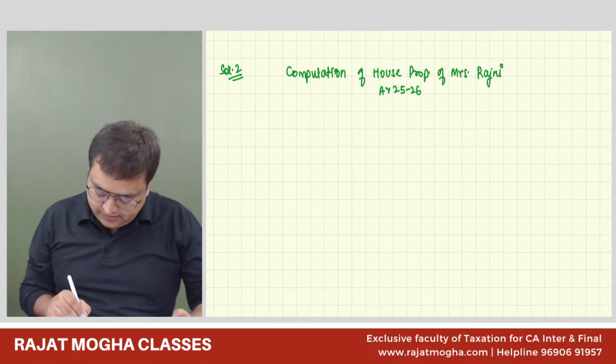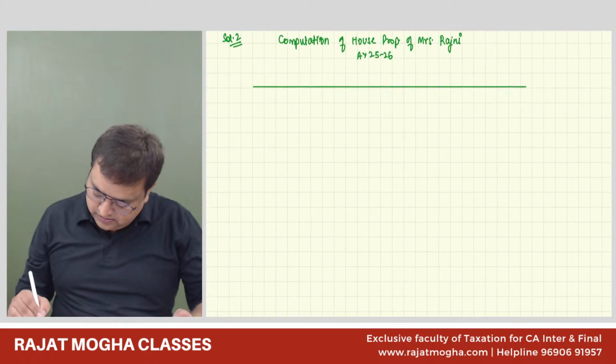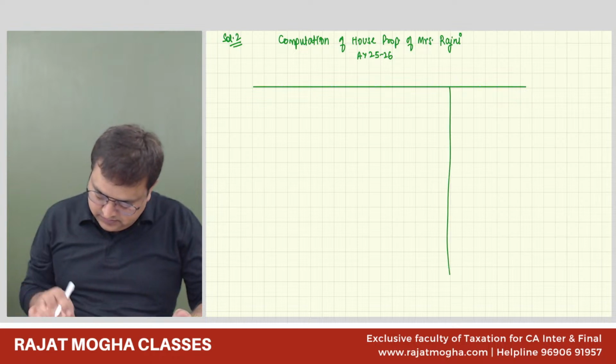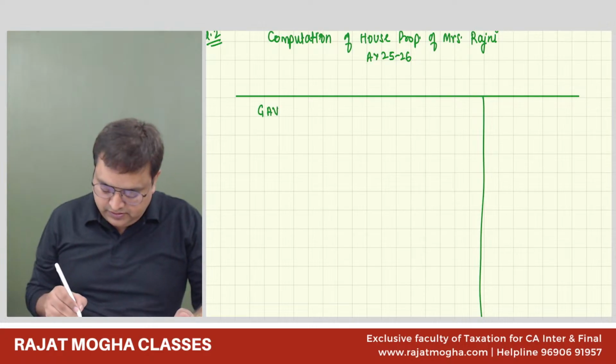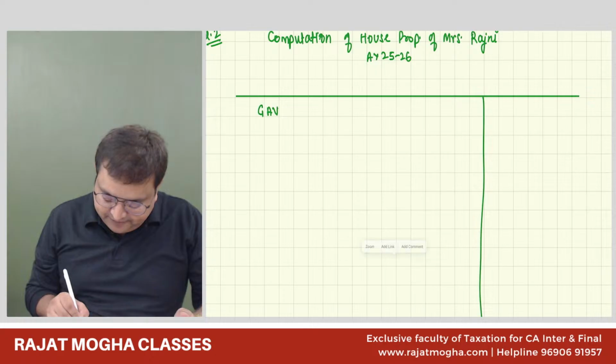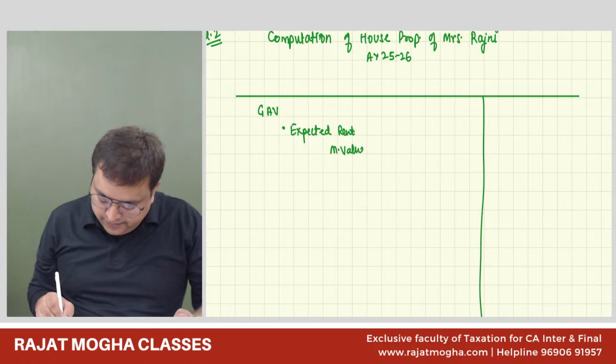Now, gross annual value. First, we will calculate the expected rent. Municipal value or fair rental value, whichever is higher.